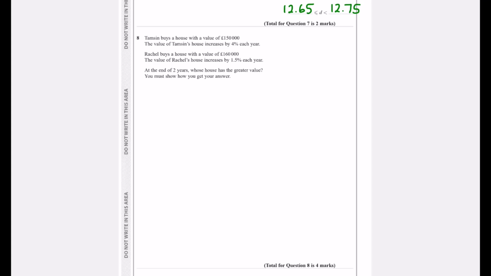So let's just work out how much the houses are worth after 2 years. So 150,000. We're adding on 4% each year. To add on 4% in one calculation, we get 100% and we add on 4%. So we want to work out 104%.